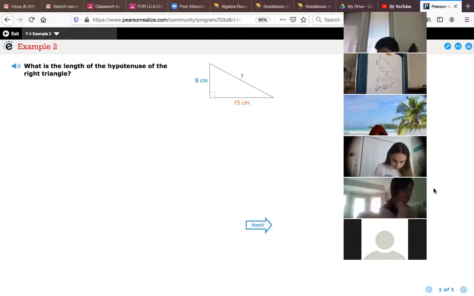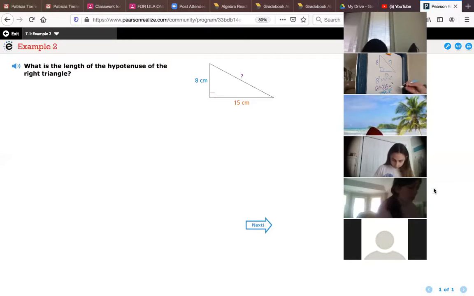You add those two together. You add what 8 squared is plus what 15 squared is. Okay. What are you going to get? 289. So 289 equals c squared. And this is the last step. What do we do? You square root 289. And what'd you get for that? 17. Good. 17. Great.